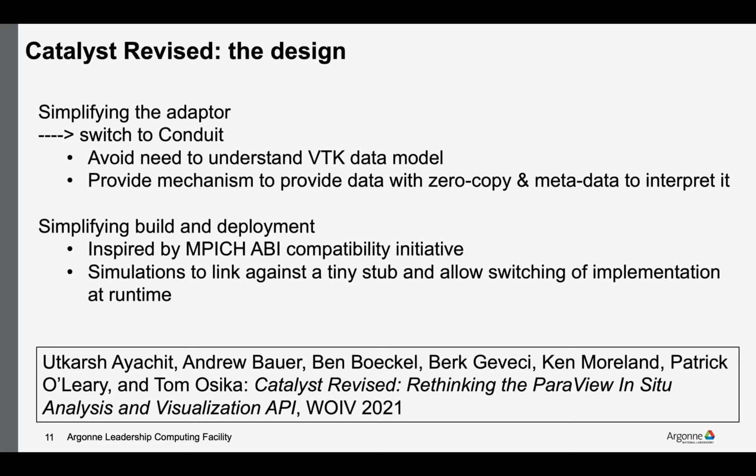So you instrument the code, link with a very simple stub library that they provide, and then at runtime, you substitute that with the Catalyst library. There's a very recent paper presented at WOIV, which is a workshop at ISC. I don't think it's online, but if you reach out to the authors and are interested in this, they will be happy to share a copy of this paper.